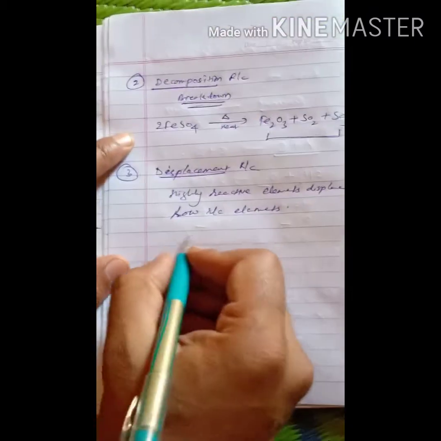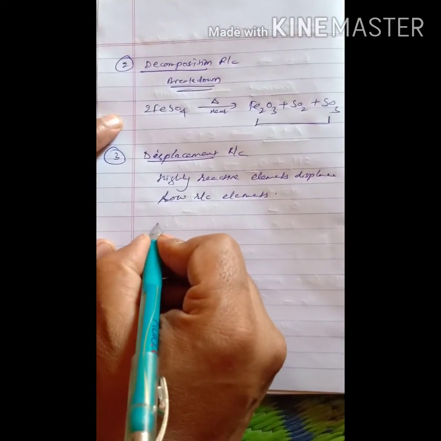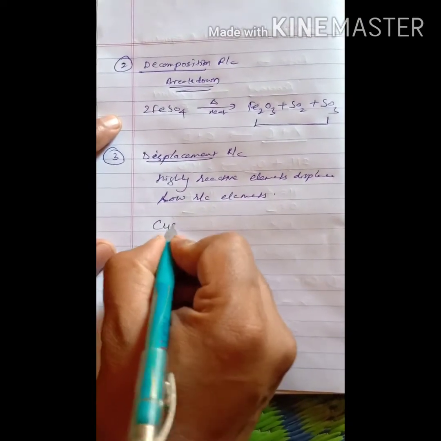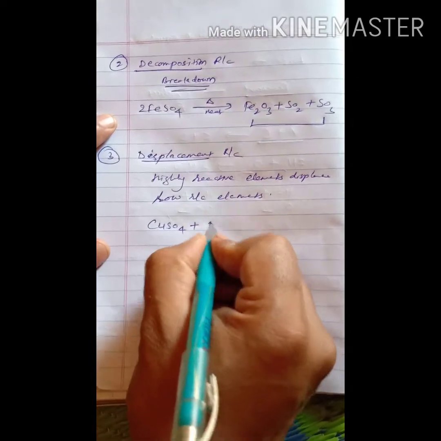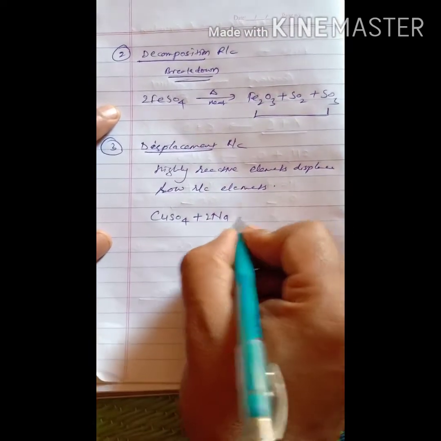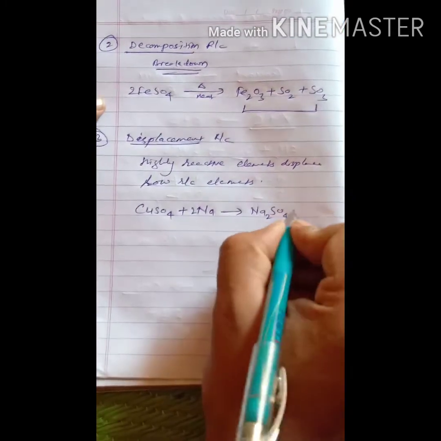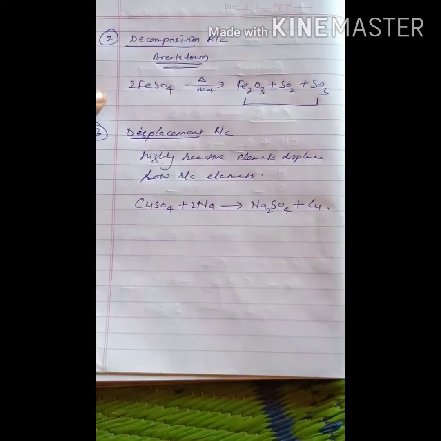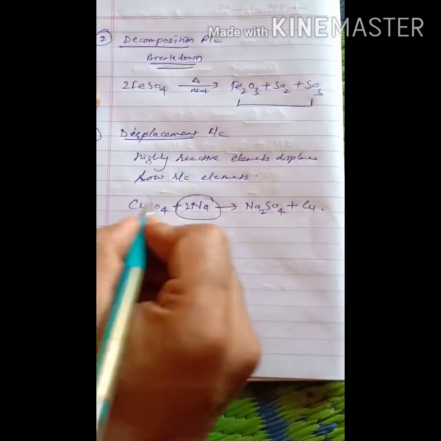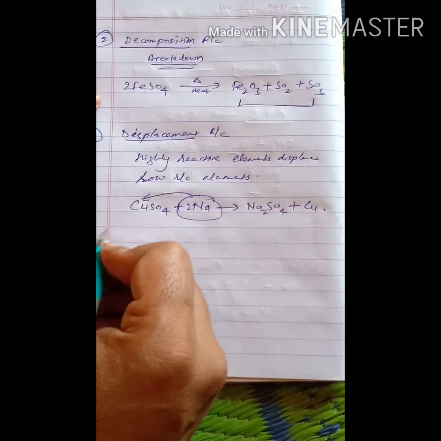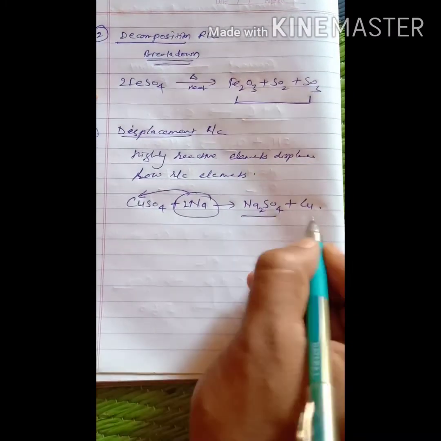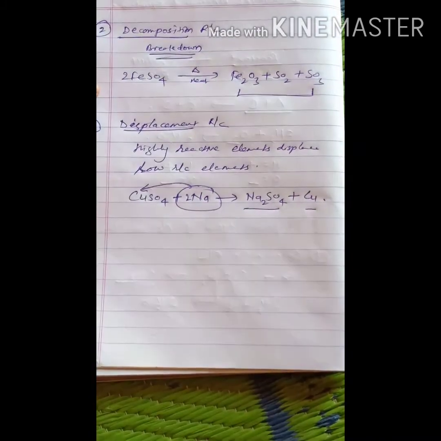For example, copper sulfate reacts with sodium. It gives Na2SO4, means sodium sulfate, plus copper. Means sodium is highly reactive, so it will displace the copper and form sodium sulfate and give out copper.